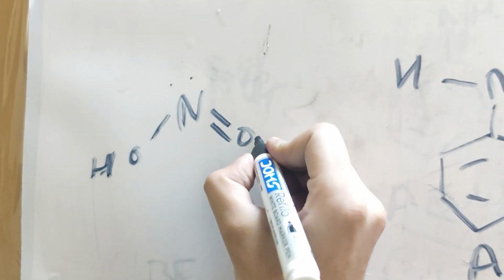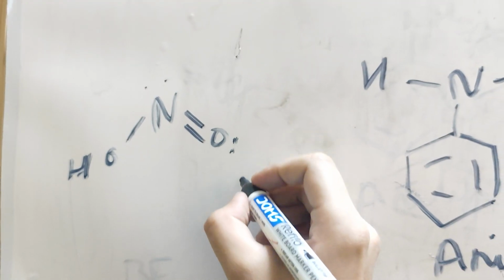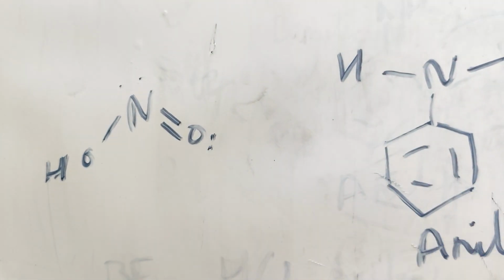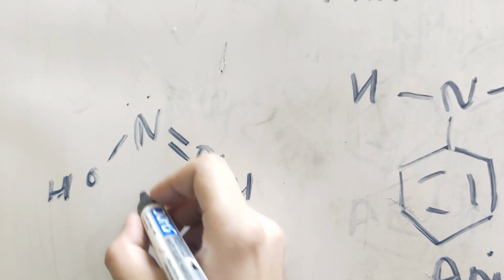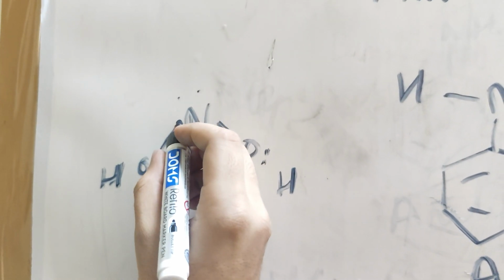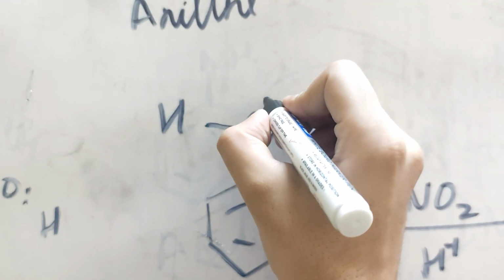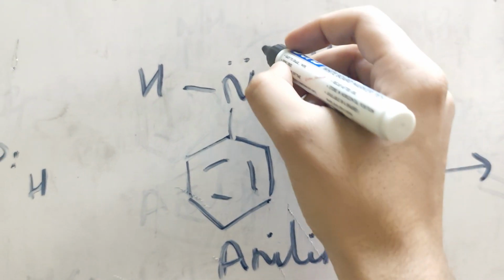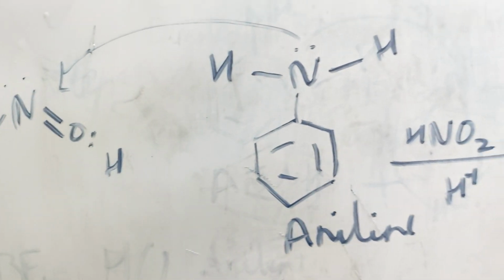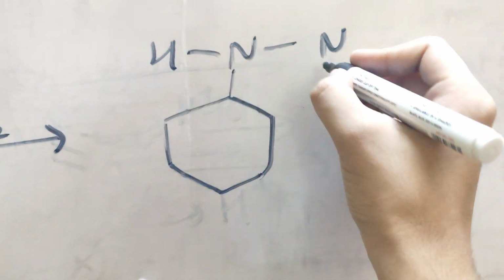There are two electrons of the oxygen, which will be reacting with the hydrogen given there. So there is OH formation, and there are two electrons remaining to complete the octet. So to complete this, it will be attacking here on the nitrogen. So there is formation of this.